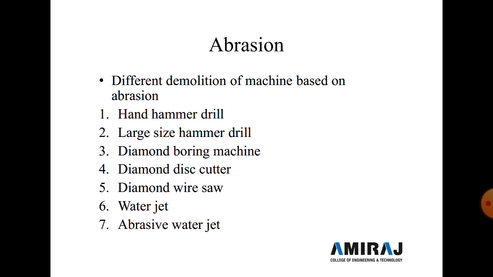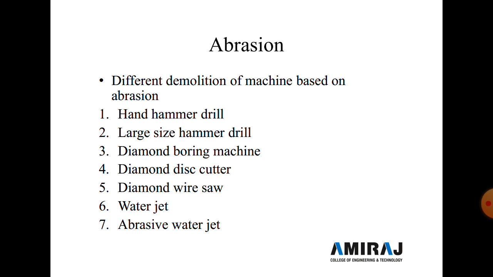Now next is abrasion. Here there are different demolition machines based on abrasion, like the hand drill, the hand hammer drill. Generally this type of hand hammer drill is used to break RCC slab. The second is a large size hammer drill, generally used on concrete, like a concrete breaker.